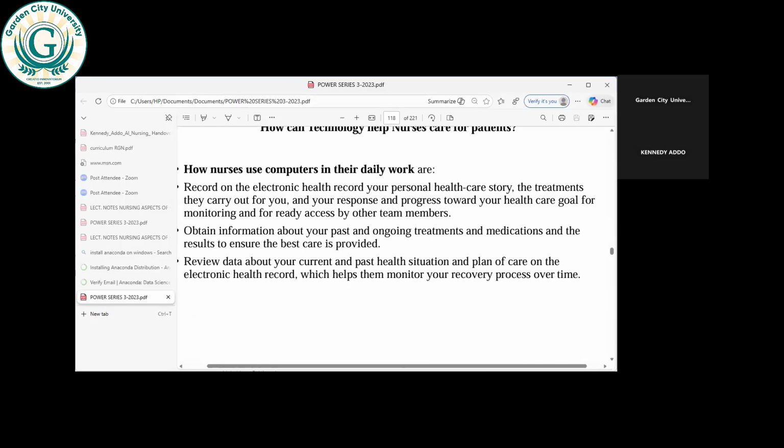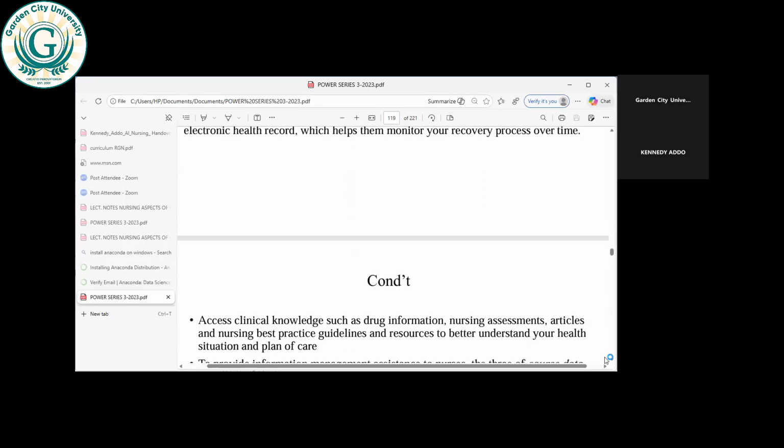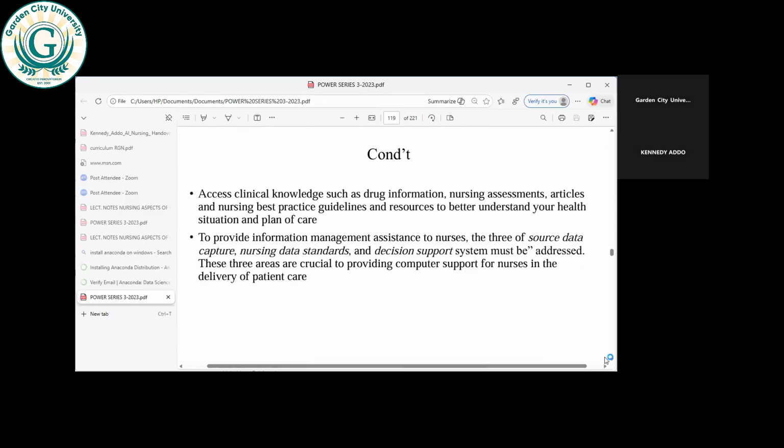Now you also look at how nurses use computers in their daily work or routines. It became quite clear that we have made a transition from the old system to electronic health records. So nurses are recently using computers or electronic health records in making decisions or in managing their patients. For instance, we can obtain information about the past and ongoing treatments and medications. All these are the types of data stored on electronic health records. Access clinical knowledge such as drug information, nursing assessments, articles and nursing best practice guidelines and resources.